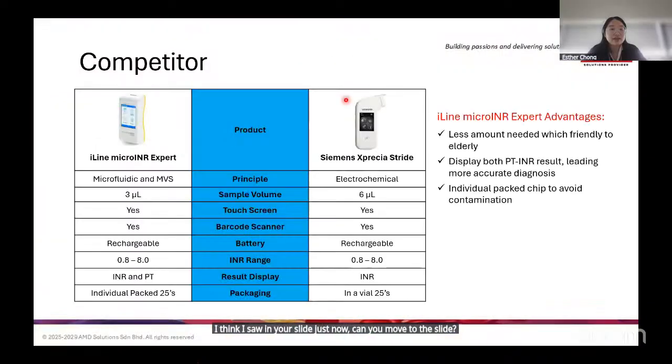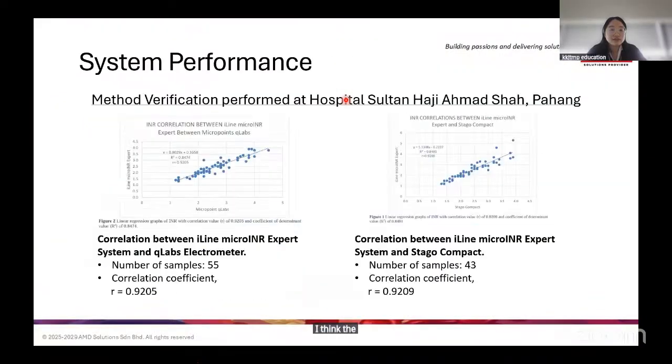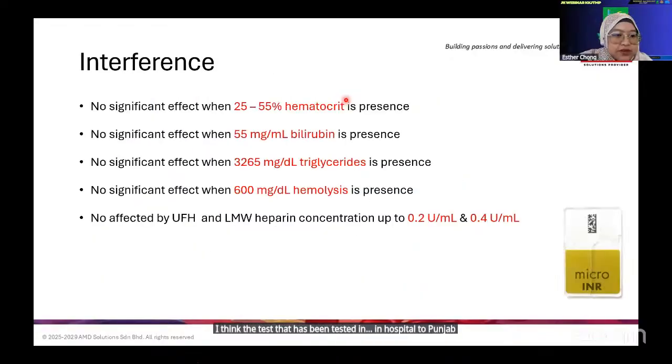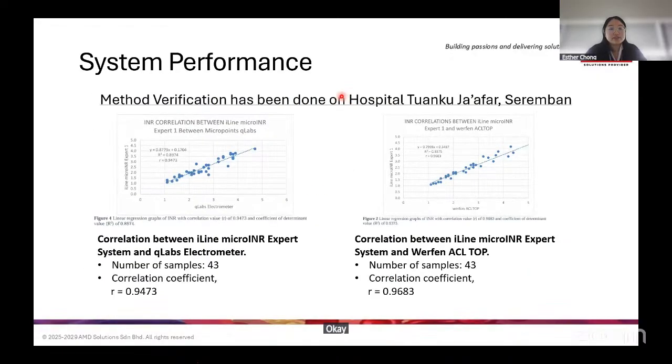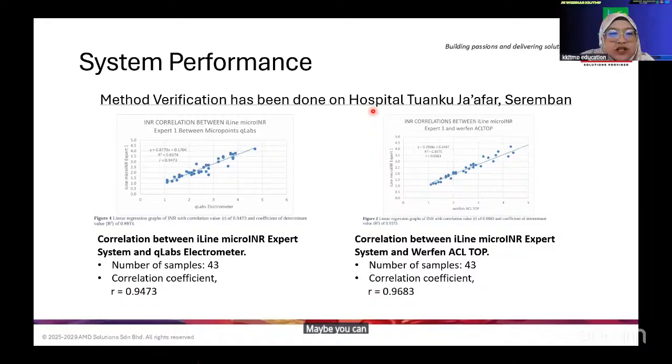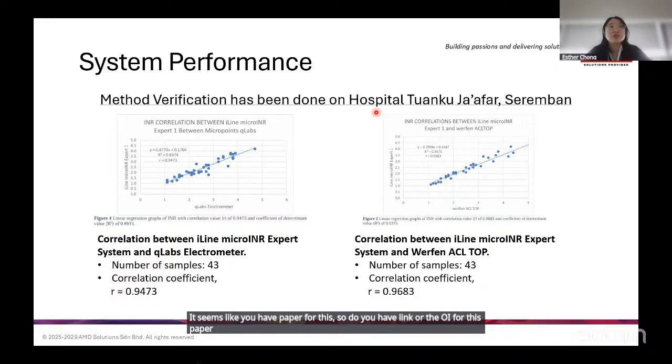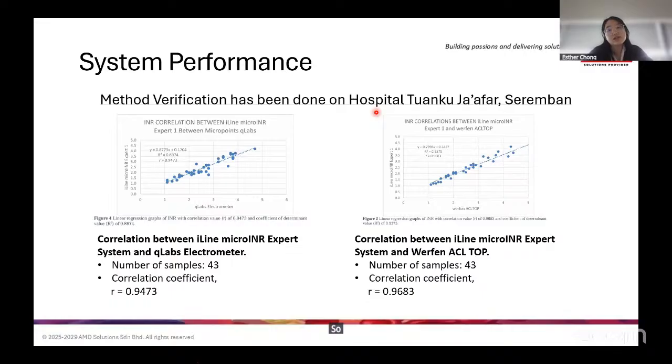Sure, wait. I think the test that has been tested in hospital. Okay, here, maybe you can, yeah, this one, method verification. It says you have a paper for this. Do you have a link or DOI for this paper, for this performance? So this is the method report for this verification, for the hospital to approve if they need to continue on with the iLine.